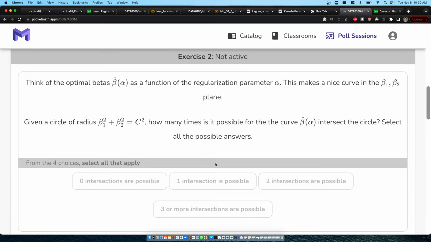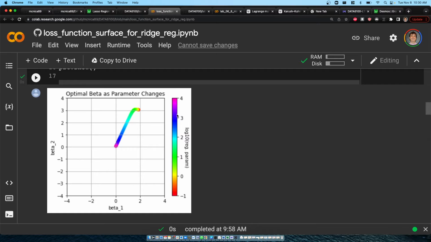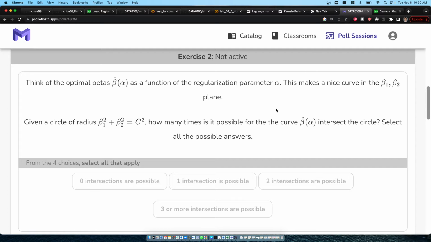But beta hat is already doing the minimum over all beta. So beta hat of alpha is exactly that curve that I showed you a second ago. This curve, right? So at alpha equals 0, it's here. At alpha equals 10,000, it's here. And it's kind of going through all of those things. It's a curve in R2. So a nice curve, beta 1, beta 2 in the plane.